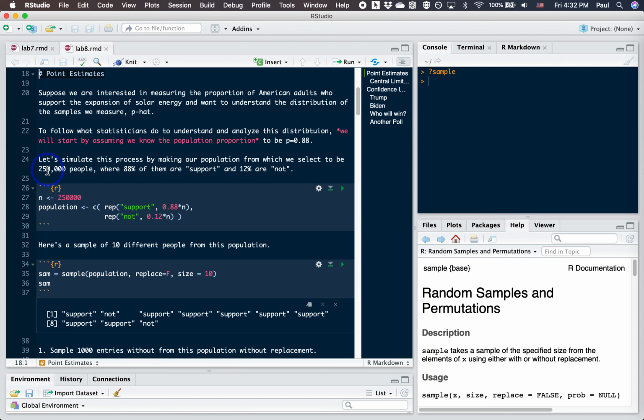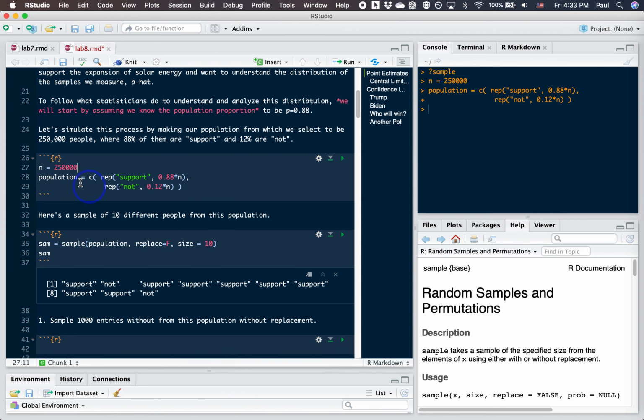This population we can construct from the ground up. This arrow is the same thing as an equal sign. I copied this from our textbook. If you run this, it creates a population of 88% say support, 12% not.